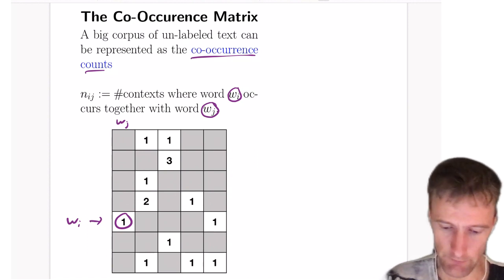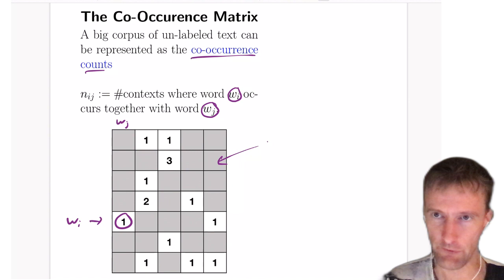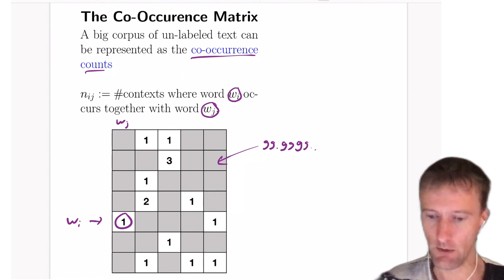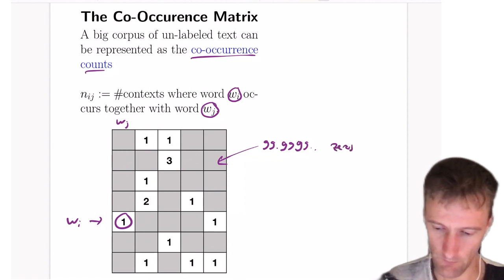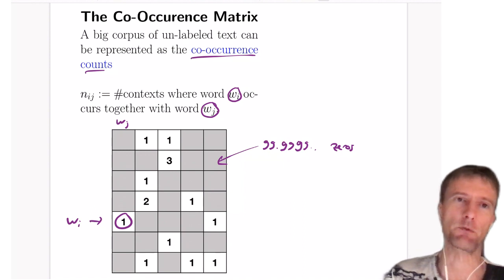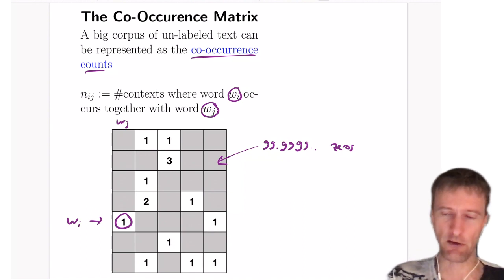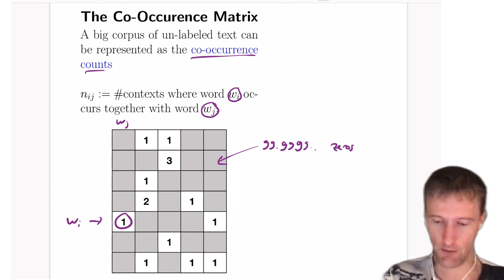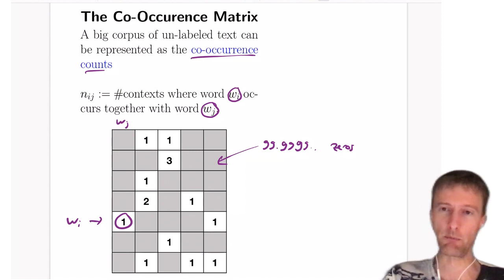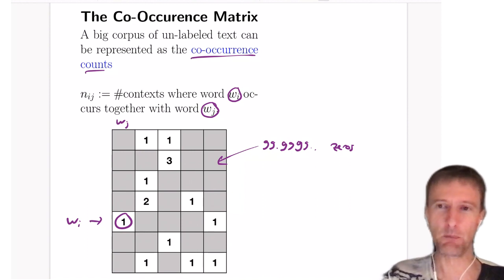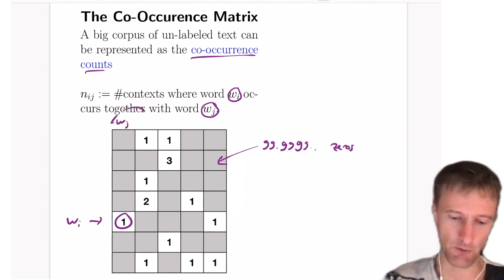And again, this matrix will be extremely sparse, so most of this matrix is 0, especially if you have a very large vocabulary. If you do this on the internet, there will be a huge variety of words. It's also a very big matrix, by the way, so there can be 10,000 to easily millions of words, which is then one side of this matrix.